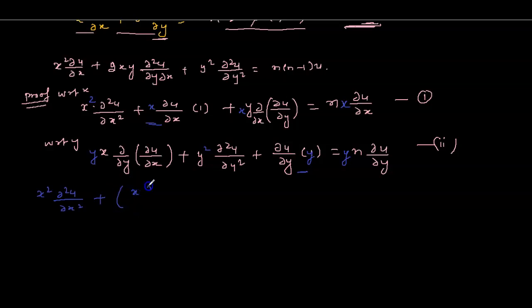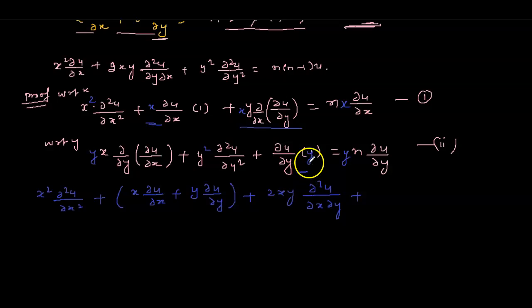Together we write x into del u by del x plus y into del u by del y, plus this one xy del square of u by del x del y, and this is y and x, both values are the same here, so you can write 2xy del square of u by del x del y, plus this y square, which is left: y square of del square of u by del y square is equal to this one.